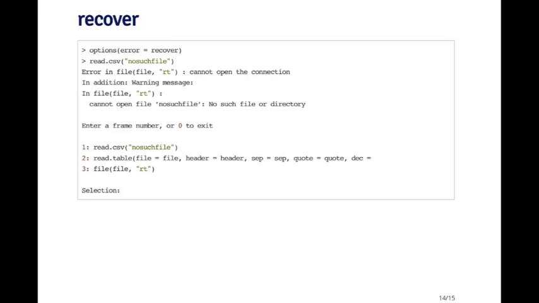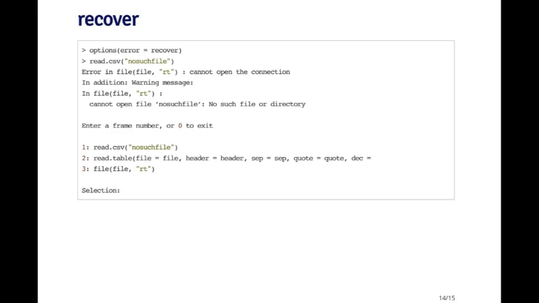Now what I'm trying to do is read.csv some file that doesn't exist. And then you get an error message, cannot open the connection, and some warning also. But instead of getting my console back, I get a little menu. This menu is the function call stack, the same thing you would get back if you called traceback after the error. So read.csv is what I called.